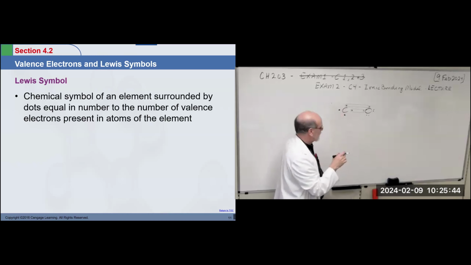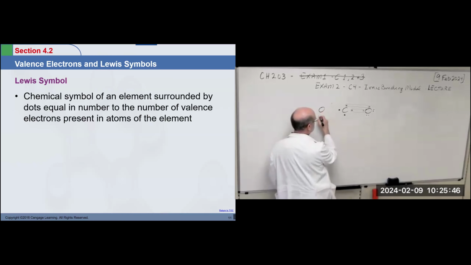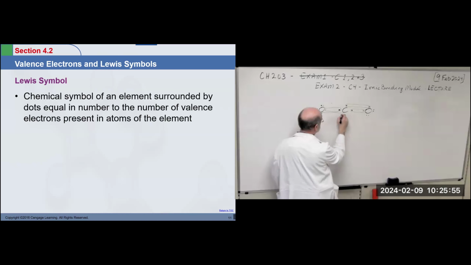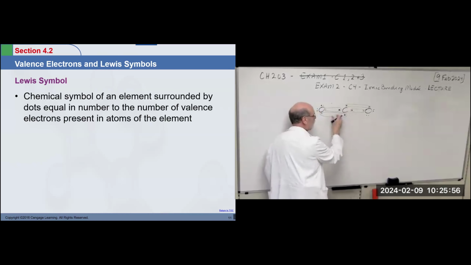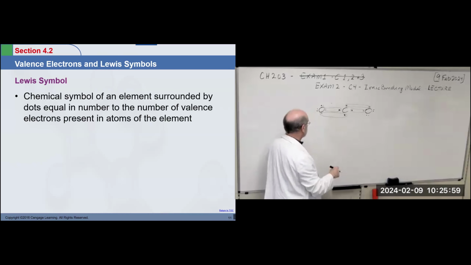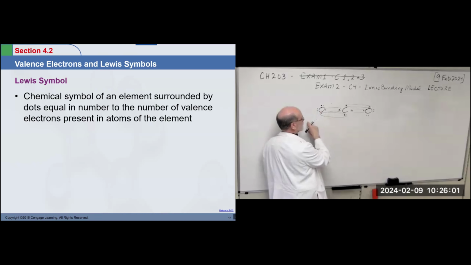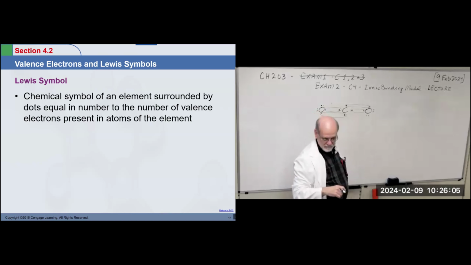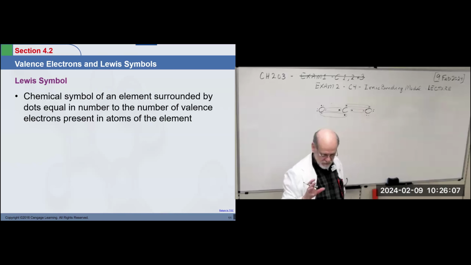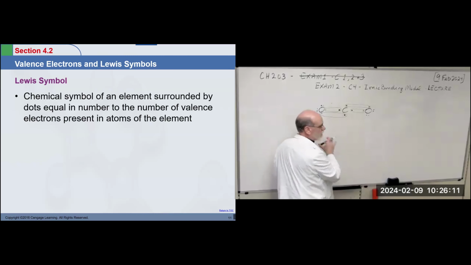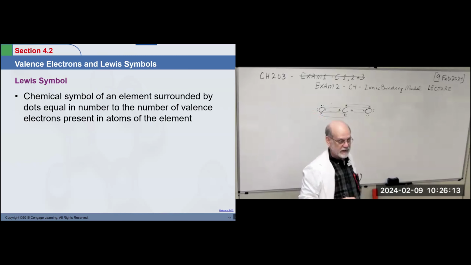It needs 2 more. So if we put an oxygen on this side, then if this one shared and this one shared, now carbon thinks it has an octet. And oxygen thinks it has an octet. 2, 4, 6, 8. So this Lewis dot structure arrangement helps us work with octets in the bonding environment.